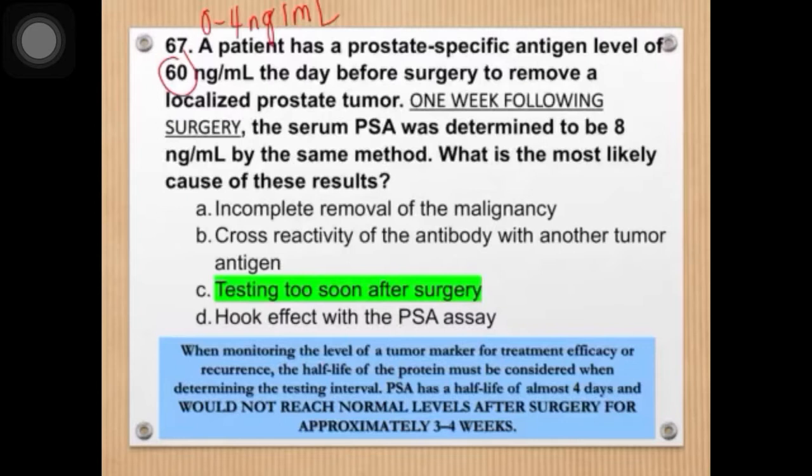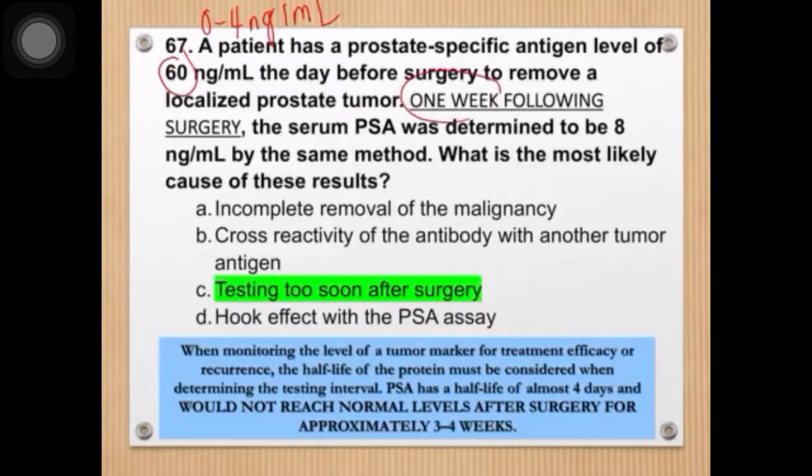What is the most likely cause of this result? Kung mapapansin po yung problem taken from a review book, yung second test po for PSA ginawa 1 week after the surgery. So, ang correct po answer po dito, letter C, testing too soon after surgery.